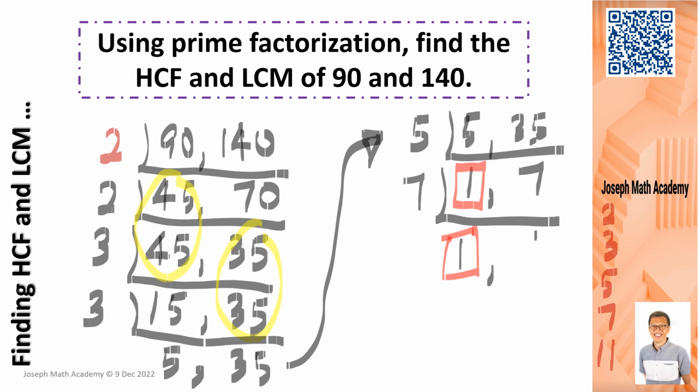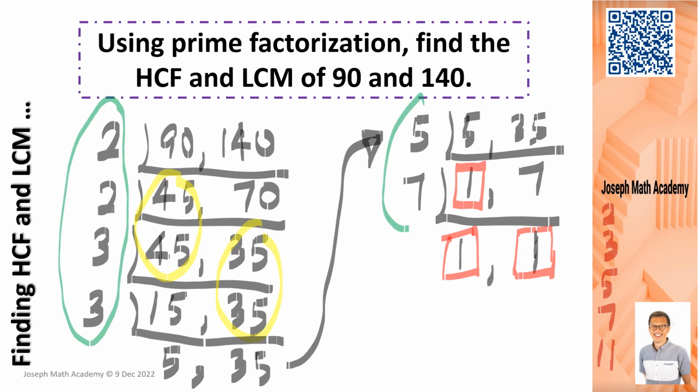But 7 is the last one, and it ends for the 140. So from here, we can see that all these are the numbers that we need to use when we write the index notation for the LCM of 90 and 140.